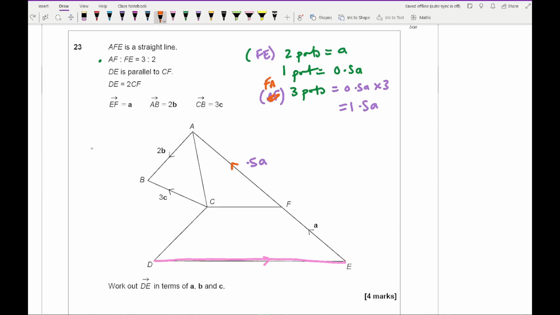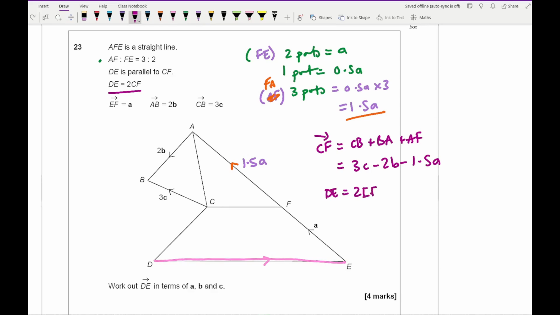So from this, what we can then do is work out what CF is going to be. Now CF is going to be CB plus BA plus AF. So CF is going to be 3c minus 2b minus 1.5a. Now reading the second bit of information, DE is equal to 2 lots of CF.